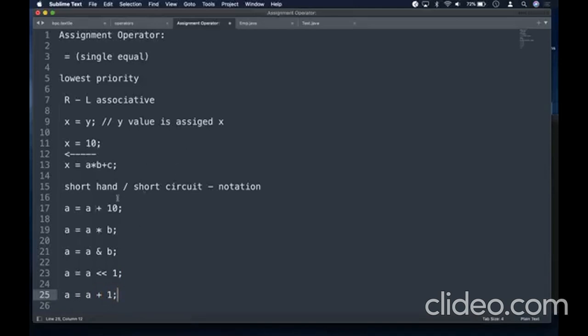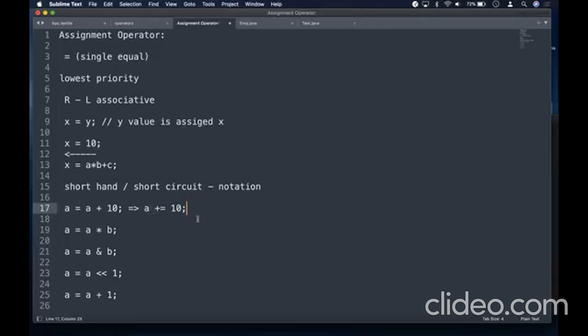If you observe this notation, the left side value got repeated on the right side also. So now this can be written in a shorthand notation, or short circuit notation. This whole thing can be written like this: a plus equal to 10. A equal to a plus 10 can be written as a plus equal to 10, because a is getting repeated, so you need not write a again.